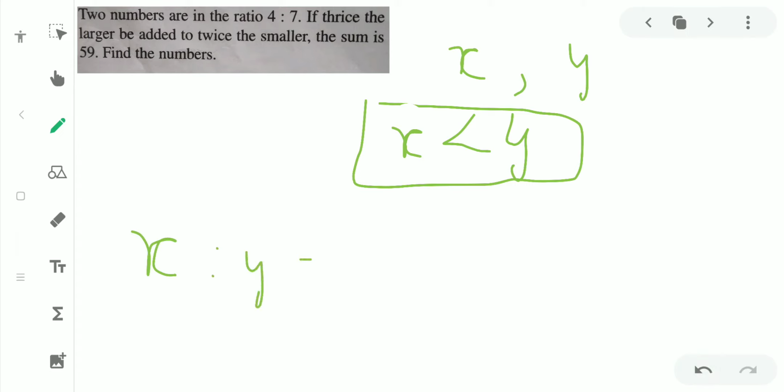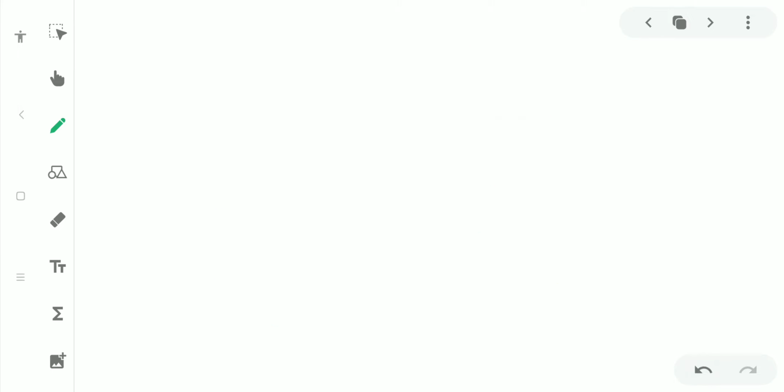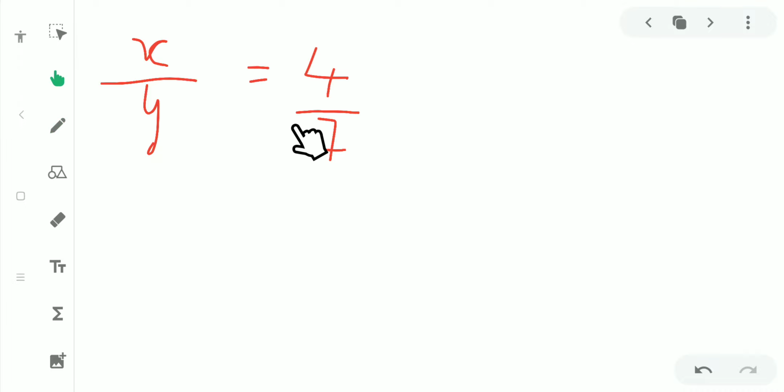I can also write this as x by y equal to 4/7. On doing the cross multiplication, we will get 7x minus 4y.